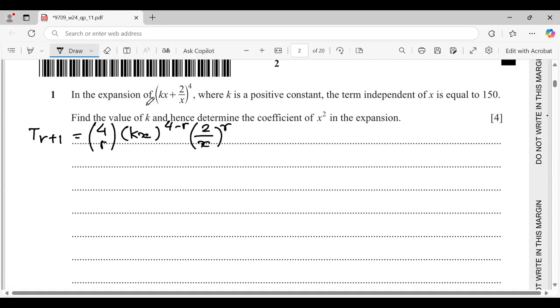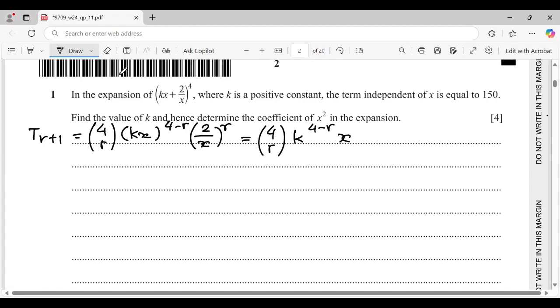And I would like to simplify this expression. It becomes the combination 4 choose r, k to the power 4 minus r, x, sorry, 2 first.